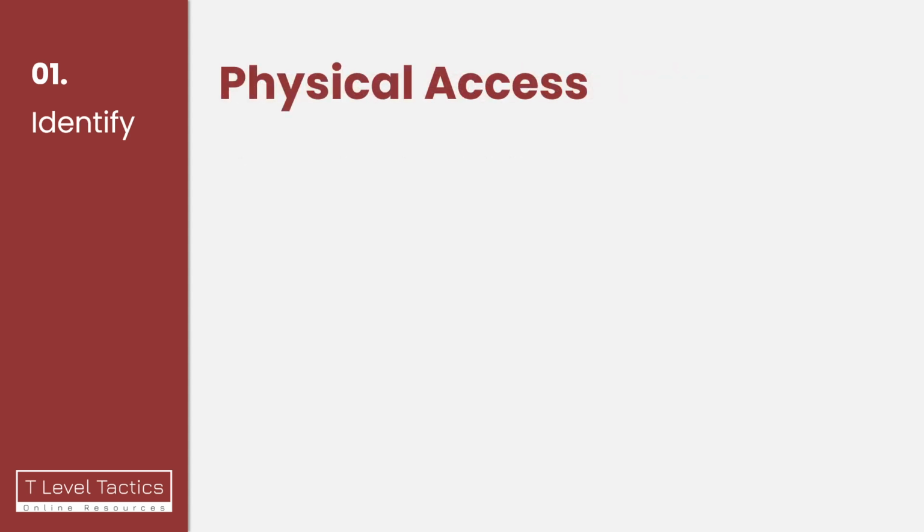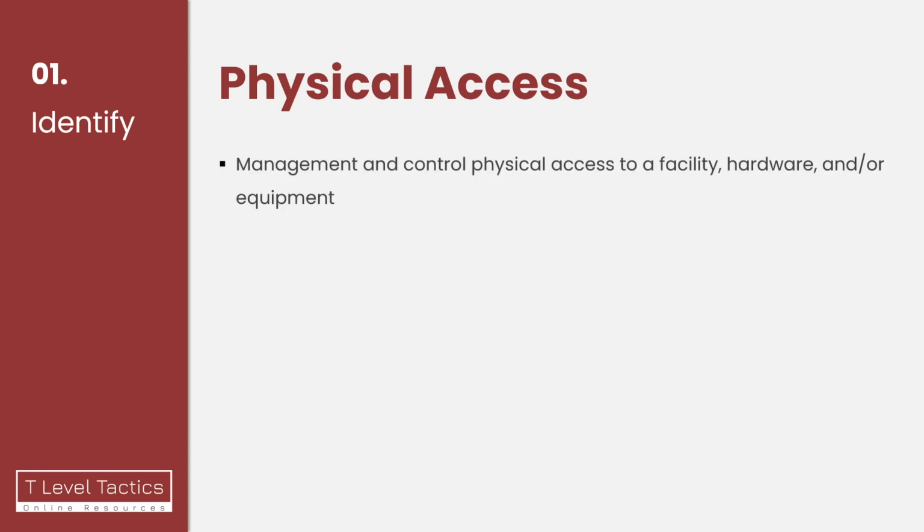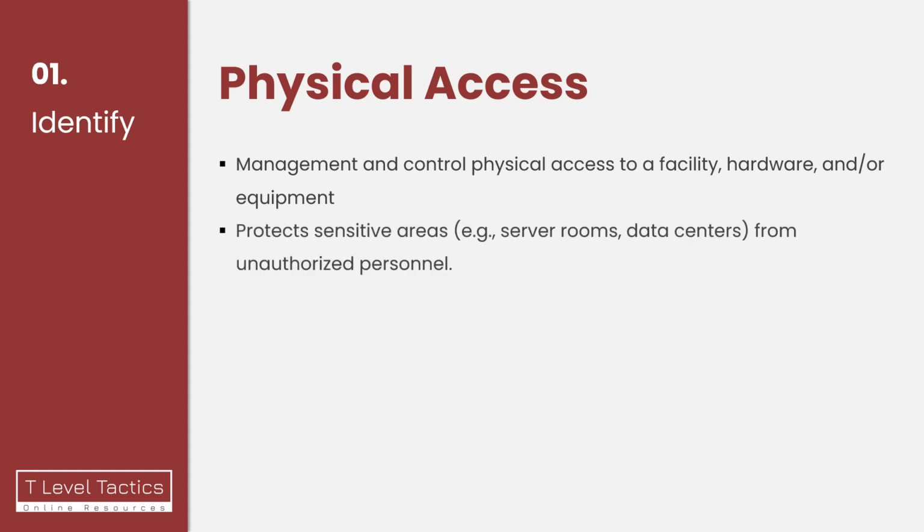Physical access includes the management and control of physical access of people to a facility, hardware, and/or specific equipment. It can help protect sensitive areas like server rooms and data centers from unauthorized personnel. We don't just want anybody being able to walk in and get access to this equipment.